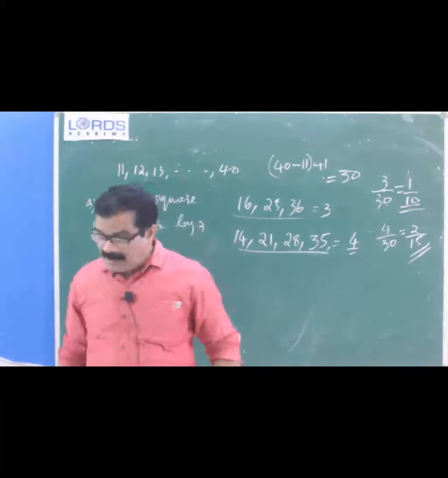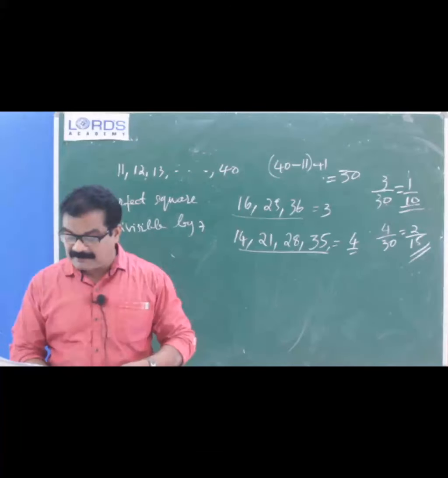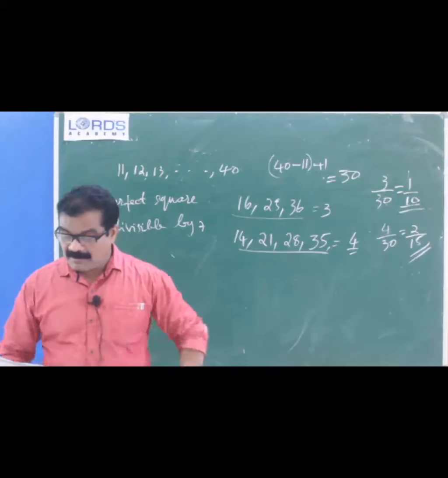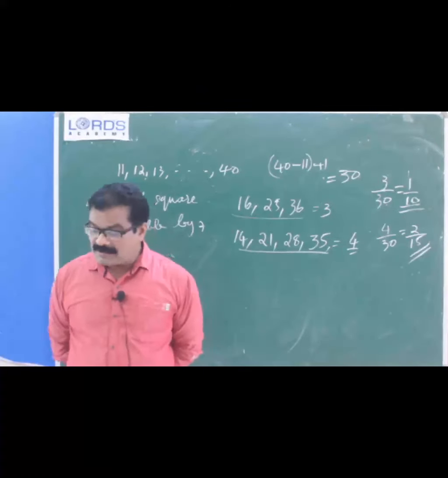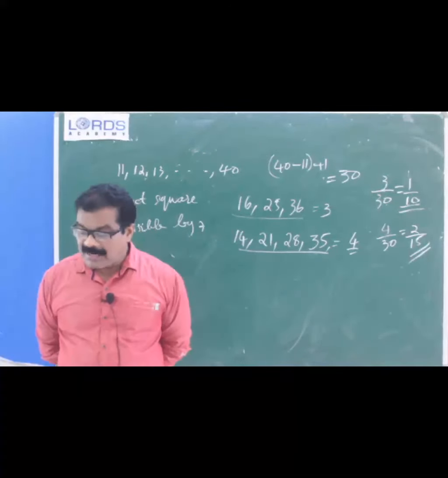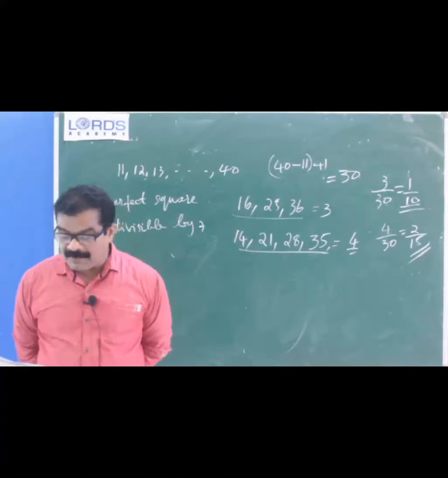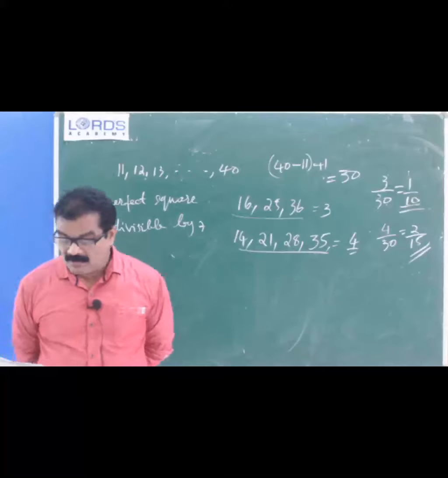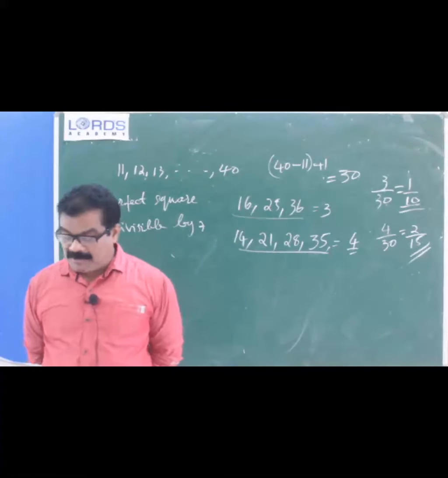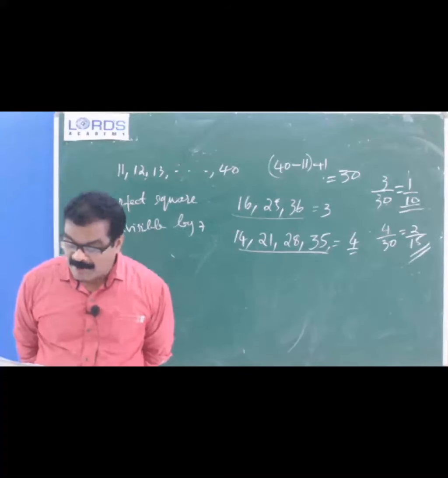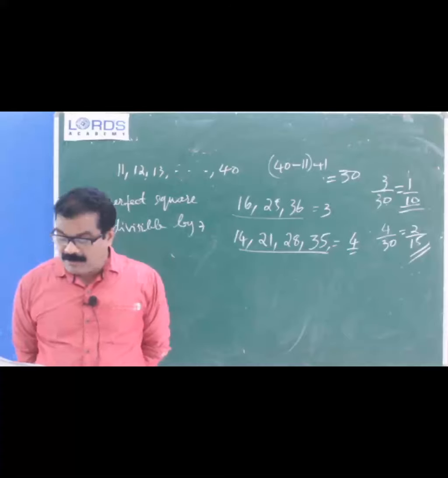Okay, next. Question number 34, the 2015 question. A bag contains 5 white balls, 6 red balls and 9 green balls. A ball is drawn at random from the bag. Find the probability that the ball drawn is a green ball, a white or a red ball, neither a green ball nor a white ball.